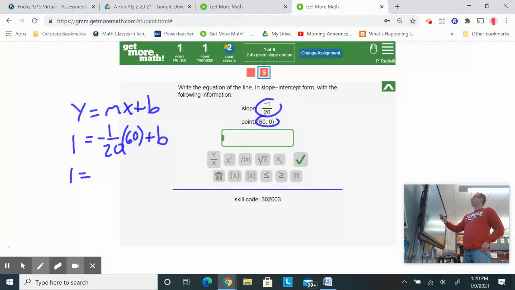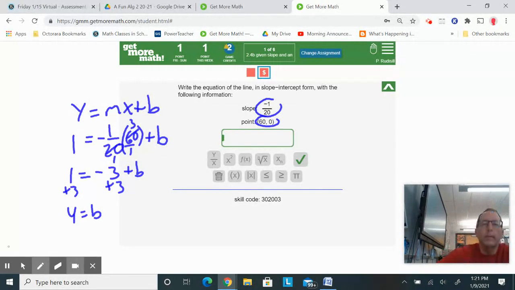So, -1/20 times positive 60 will be a negative. And we multiply with fractions. You can simplify, divide by 10, actually divide by 20. So I get -3 plus b, add 3 to both sides, 4 equals b.